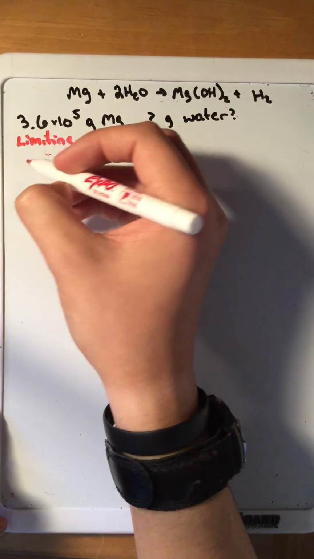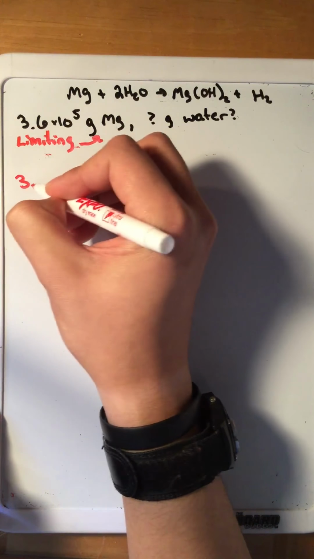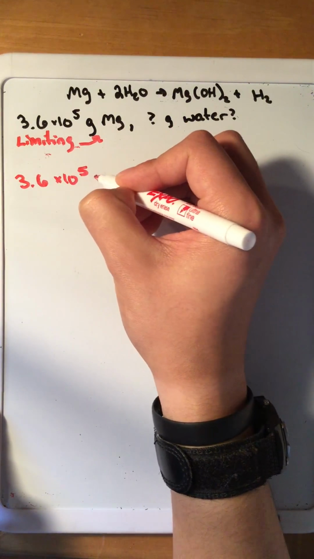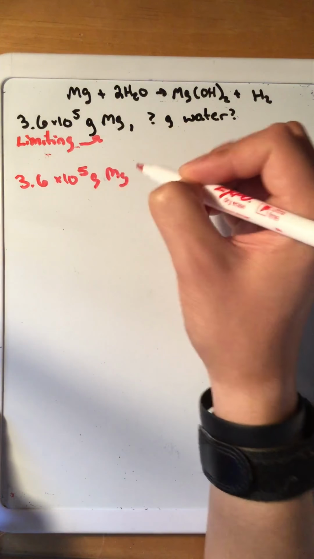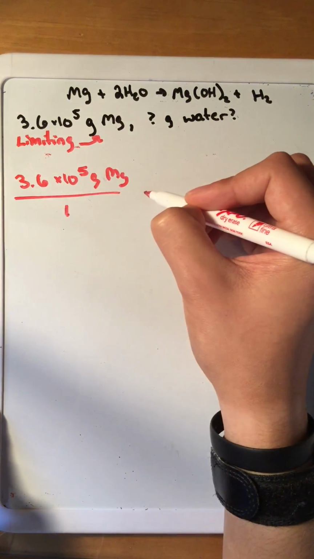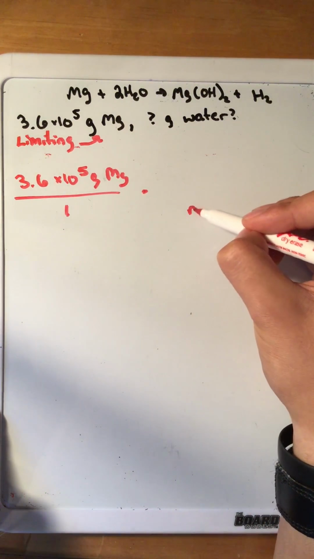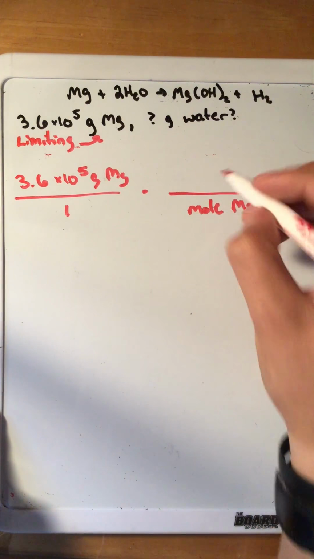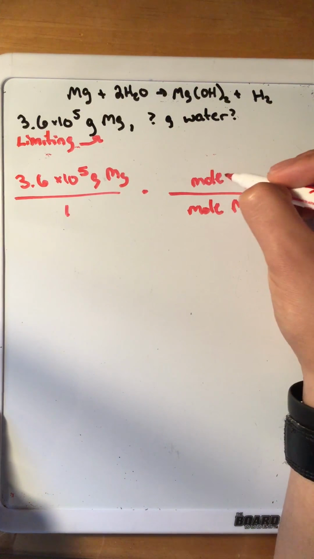So let's take a shot. If we go from 3.6 times 10 to the 5th grams of magnesium, we're trying to get moles. I'm sorry, that's not where I put that.